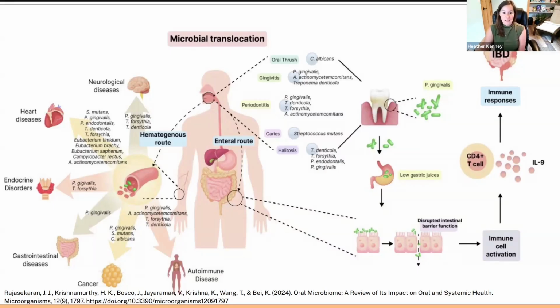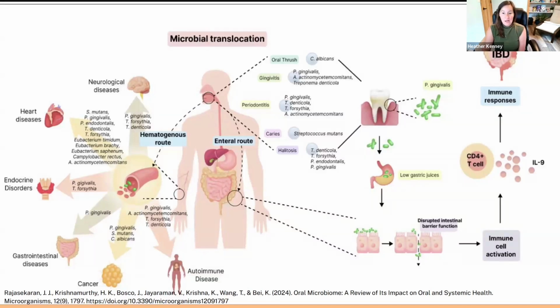patients with perio. And then also, don't forget that Enterobacter isn't in here when it comes to this, but PG, Tannerella forsythia, all are tied to that gut dysbiosis as well.